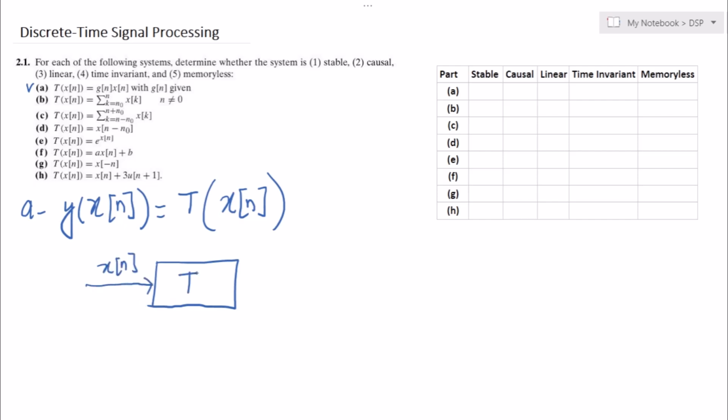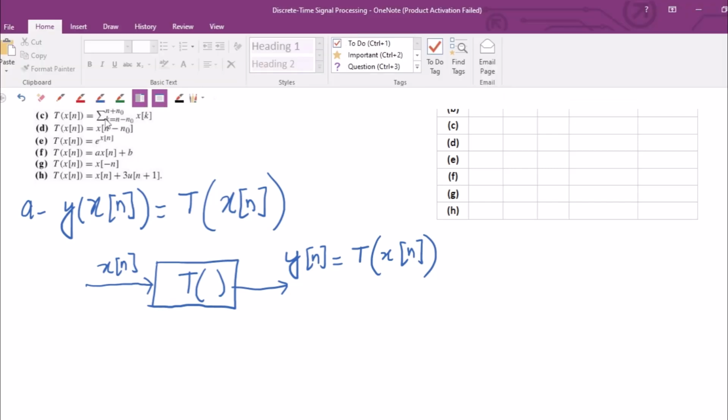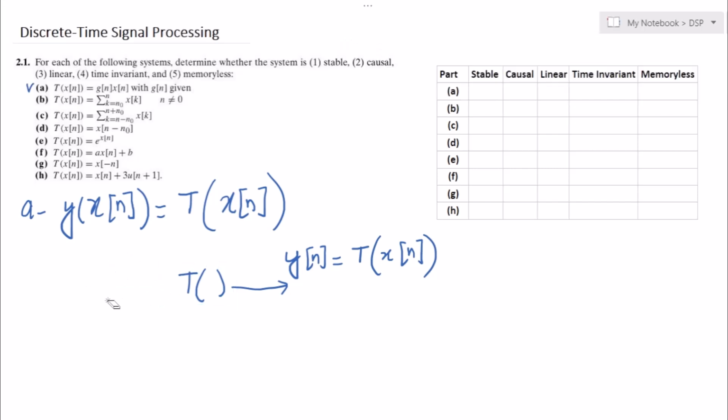It is passed through this T transformation of this system and gives me the output y of n, which is basically T of x of n. Okay, so this is for your understanding of what is meant by T in each of these questions. Once you have understood it, let's move on to our question here.